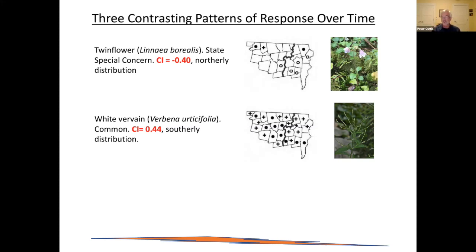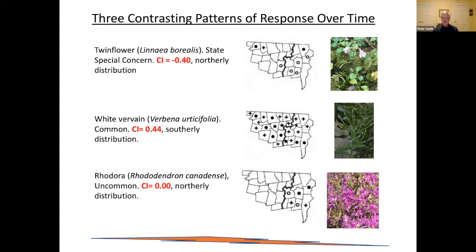White vervain is also a species known to colonize disturbed habitats, something we call a weedy or ruderal species. These tend to be the ones that are also increasing in our state, for better or worse. Finally, another species, it's actually quite uncommon in Massachusetts, has always been relatively uncommon. It's a northerly distributed species. Again, I think probably many of you are familiar with this, Rhodora, or Rhododendron canadense.